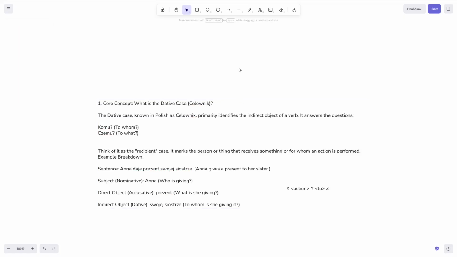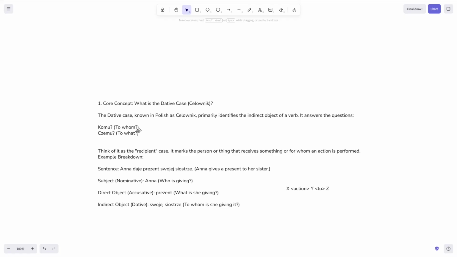And the name comes from the Polish word cel, which is a target or a goal. And why is it a target or a goal? Well, because the dative case, known in Polish as celownik, primarily identifies the indirect object of a verb, so it answers the questions such as komu, czemu, or to whom, to what.